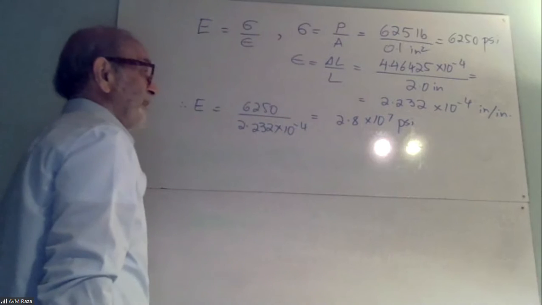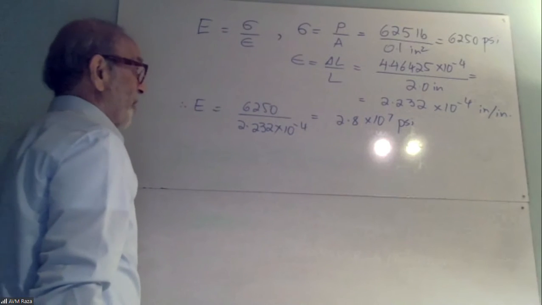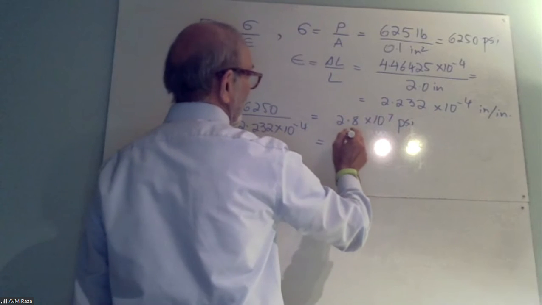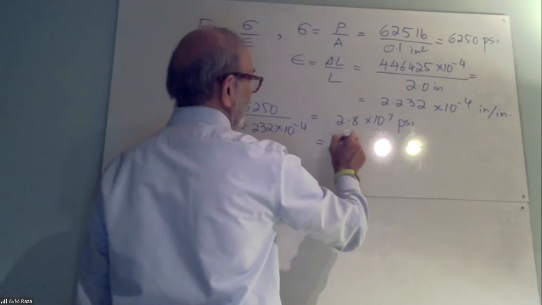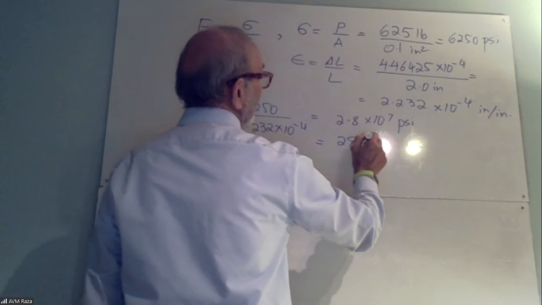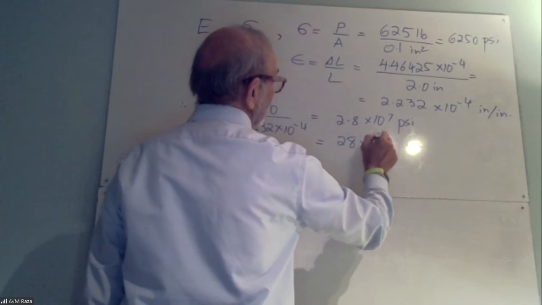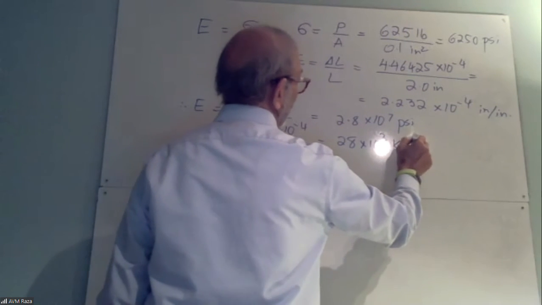You can leave the answer like that, or it is better to write it in KSI because our tables are also in KSI. So this will be 28 times 10 to the 6, which is times 10 to the 3 KSI.